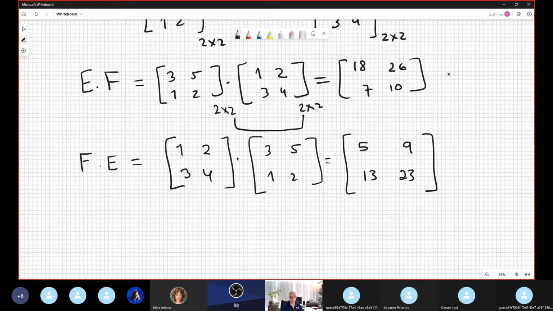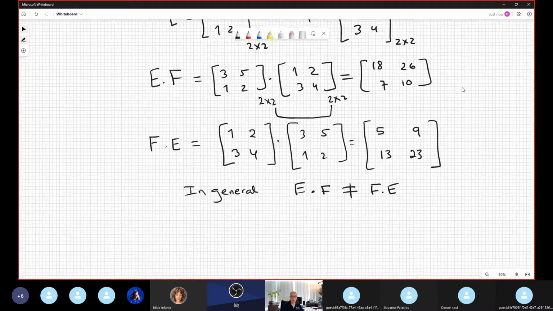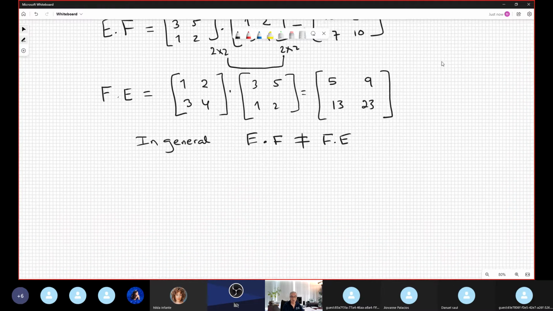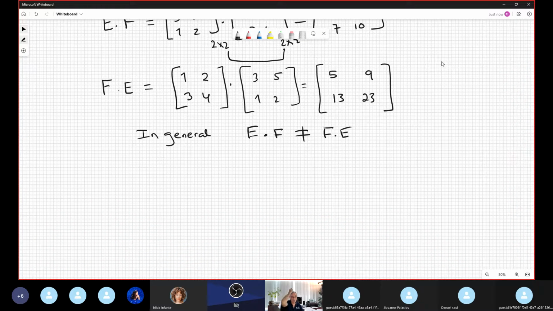Oh, so different. So, in general, E times F is not equal to F times E. Be careful when you are doing multiplication, because this doesn't work like a scalar or like a numerical value we study in algebra every day in our life. The order is important.